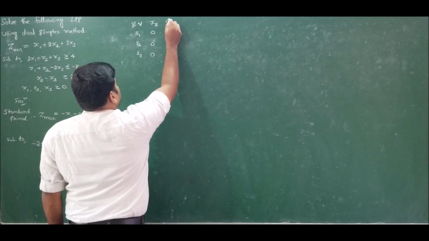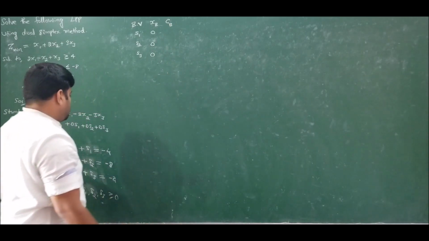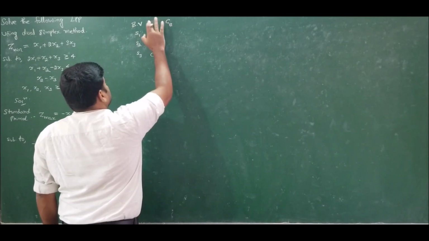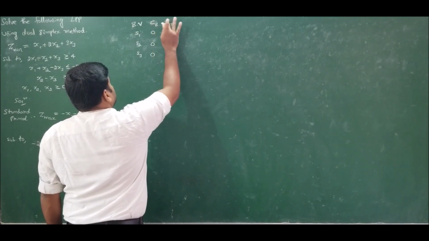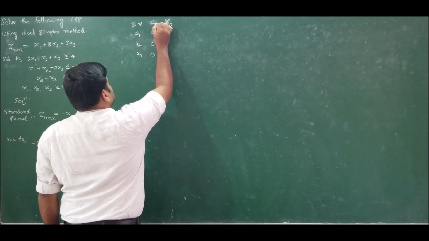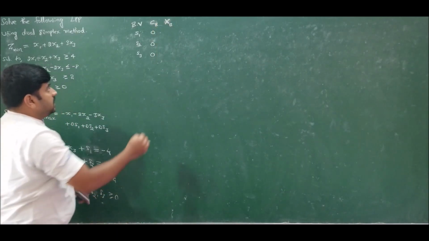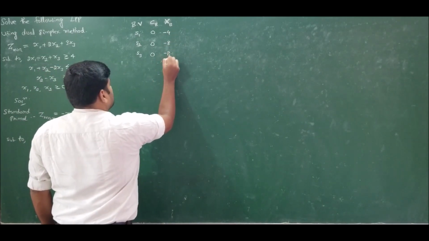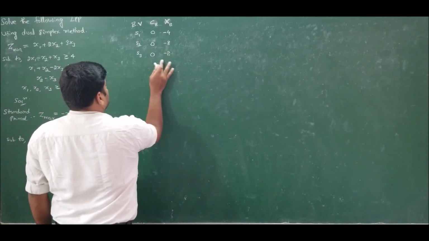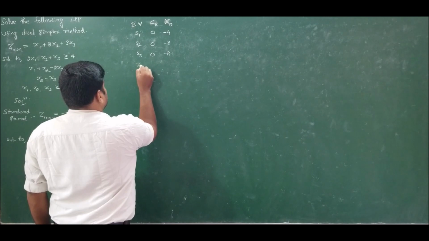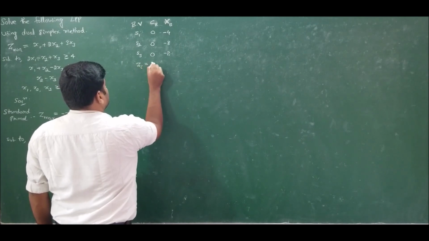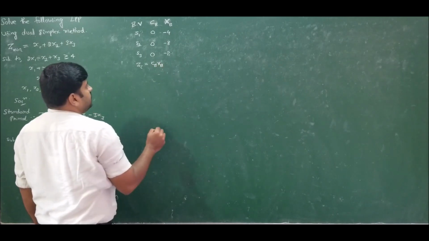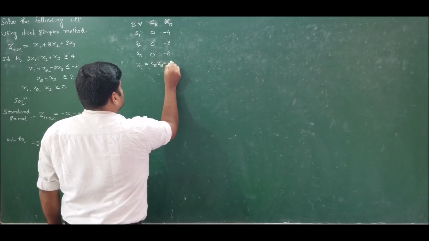Then we have CB, the coefficient, and here we have XB, the RHS of the constraint equations, that is -4, -8 and -2. So here we have Zj, which is equal to CB into XB, which is equal to 0.